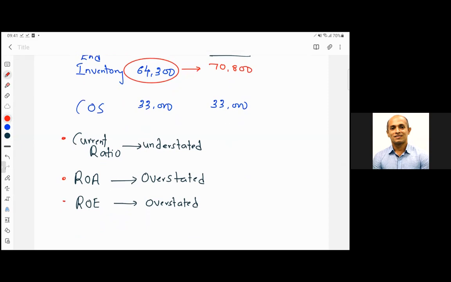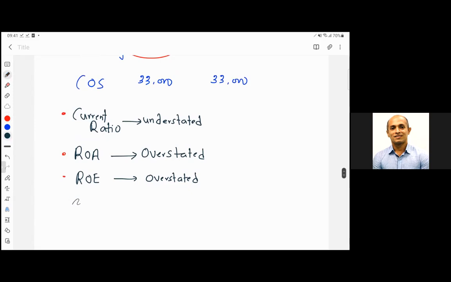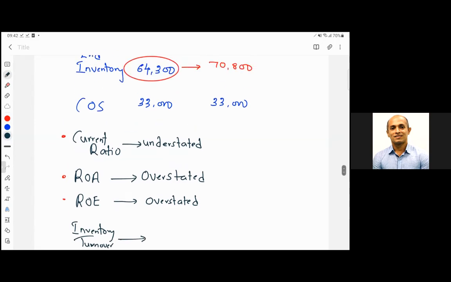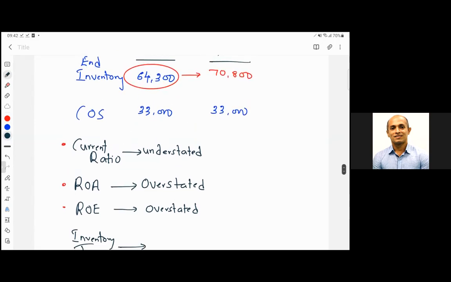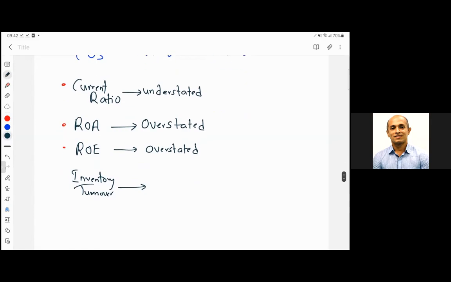Then what happened to the inventory turnover? You can think of another example. Inventory turnover. Now you see, how do you calculate the inventory turnover? Cost of sales divided by ending inventory.